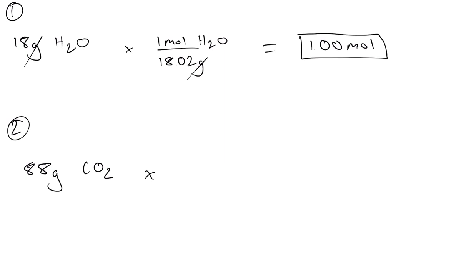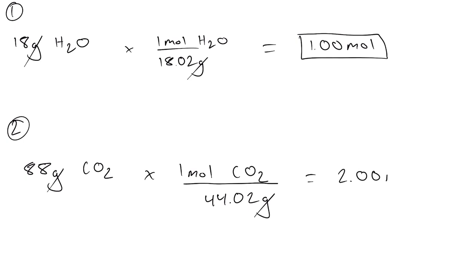So we put the moles on the top once again, because that's what we're looking for. 1 mole of CO2 over 44.01 grams, you'll see that the grams will cancel, so we're simply dividing by 44.01, and we're going to be left with 2.00 moles.